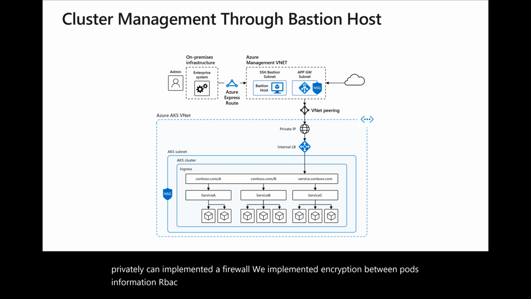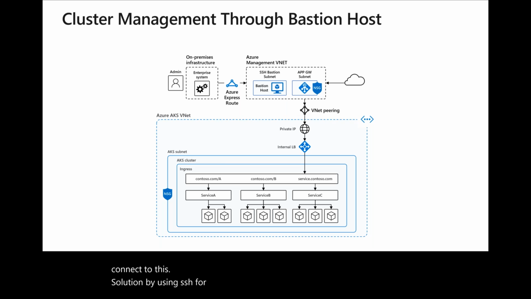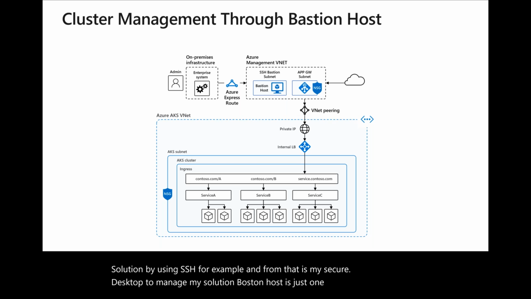And so this solution here is what we call a bastion host. It means in order for me to manage my solution, I need to connect to this host by using SSH, for example. And from that is my secure desktop to manage my solution. Bastion host is just one of the ways of doing this.